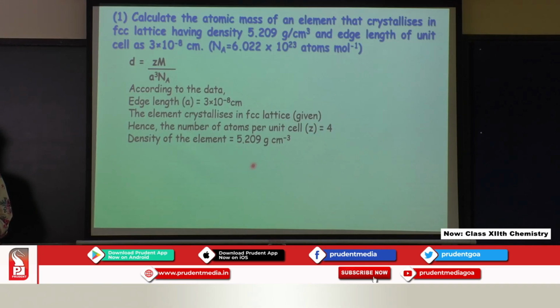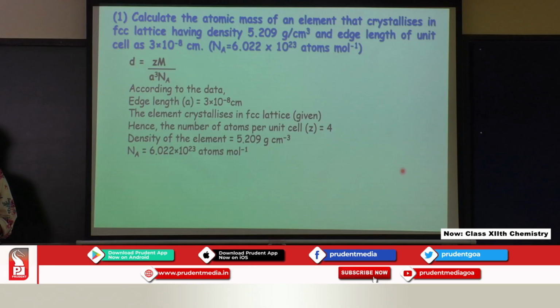It is very important to see that the units match. So over here you are given density in grams per centimeter cube and edge length is given in terms of centimeters. So there is no need to convert the units of edge length to anything else, as it matches with the units of density, that is in terms of grams per centimeter cube.